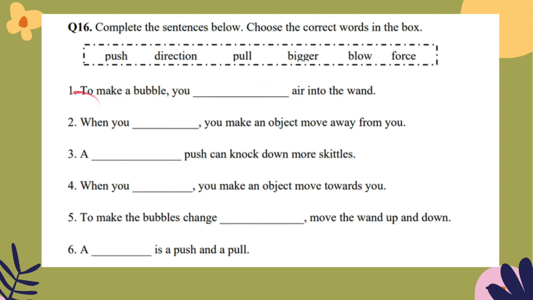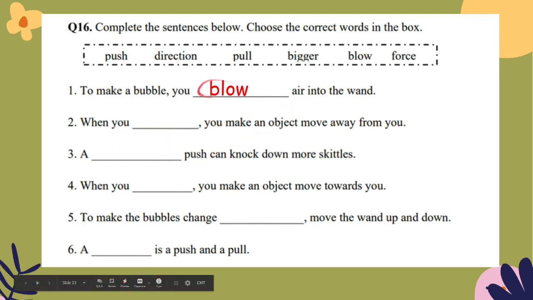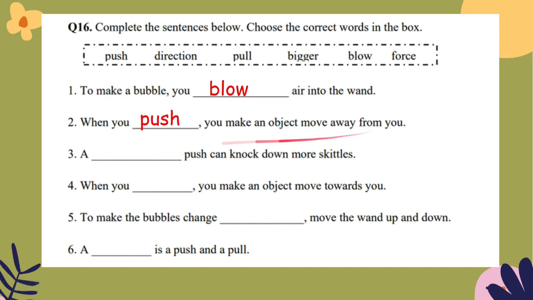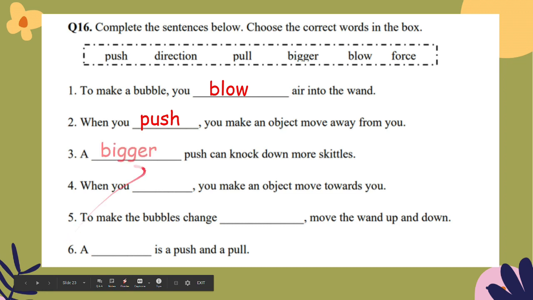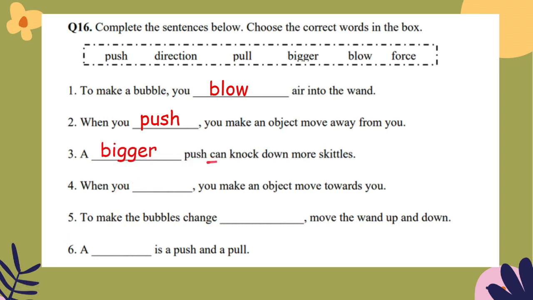Okay, number 1, to make a bubble, you blow air into the wand. So the bubbles float in the air. That's why the wind blows them around. Okay, then number 2, when you push, you make an object move away from you. Number 3, a bigger push. Remember when we played Skittles? So you need a bigger push so you can knock down more Skittles.